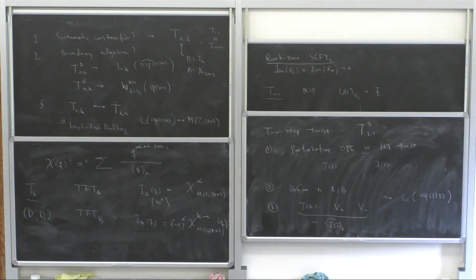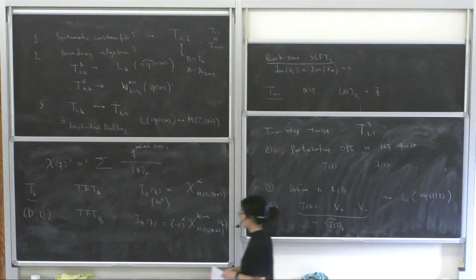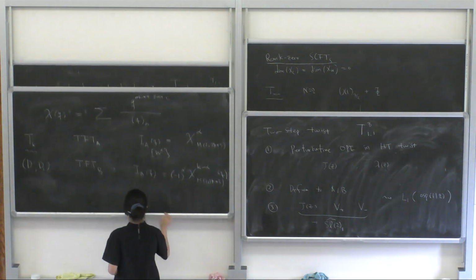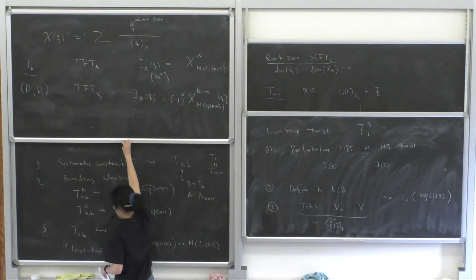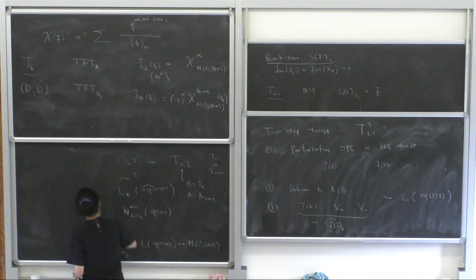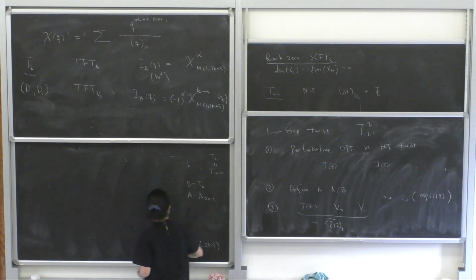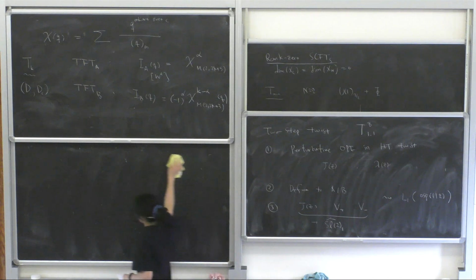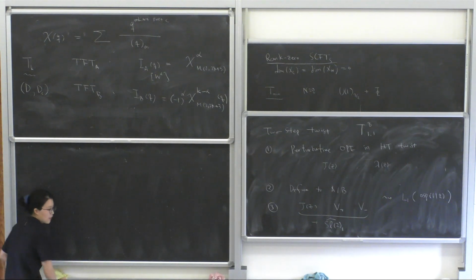So maybe I will say some comments about the level-rank duality before I finish. We expected something like this in the first place, and we obtained L1 OSP(1|2), and it's actually closely related to the M(2,5). So the picture is the following. So far we have been looking at the right boundary condition.